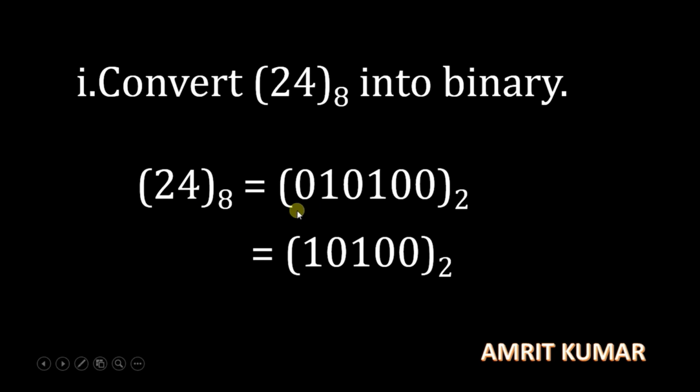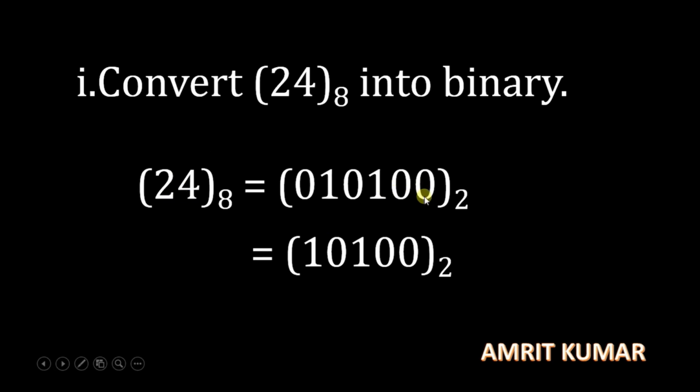So overall, we can say that in octal to binary conversion, a digit is represented in the form of 3 bits. Here one digit is represented as 3 bits.